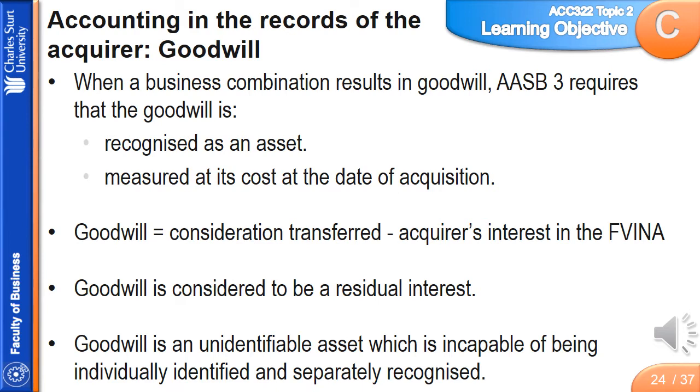That gets separated, and whatever's left over is considered goodwill. If we didn't separate them, the goodwill amount would increase, but it wouldn't be a true reflection of all the assets within the entity acquired.